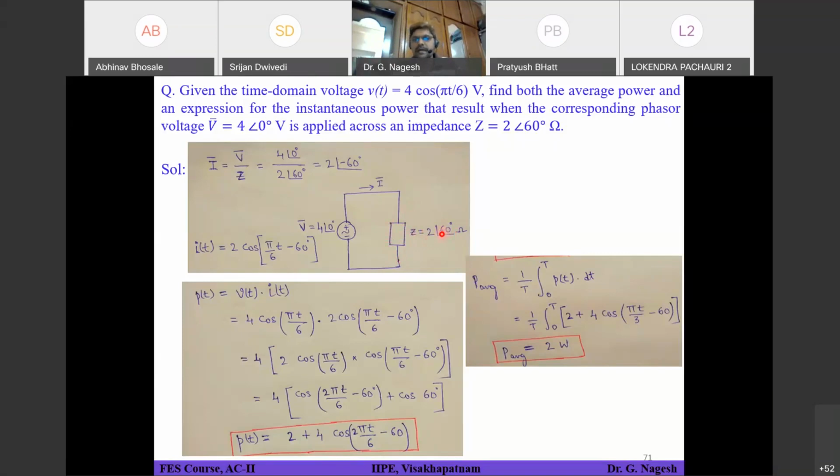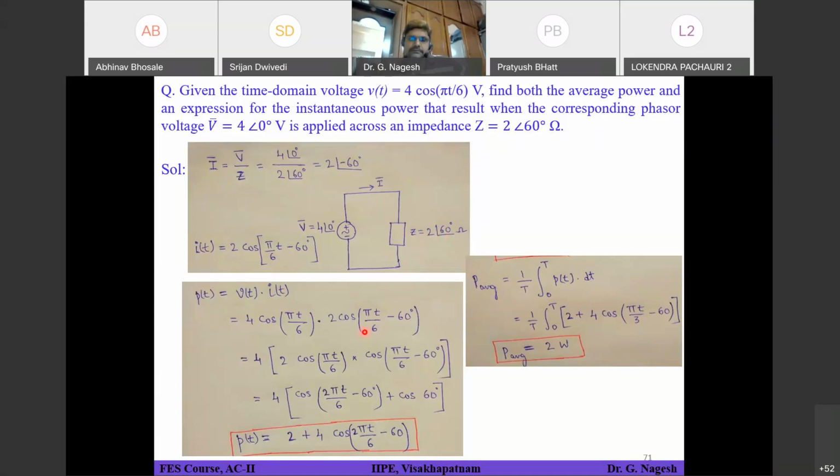So we can't say that only resistor and inductor are present. It can be possible to have resistance, inductance, and capacitance in this impedance Z, but the inductive reactance has higher magnitude than the capacitive reactance. So the overall nature is inductive. I hope you understand this. We'll go forward.